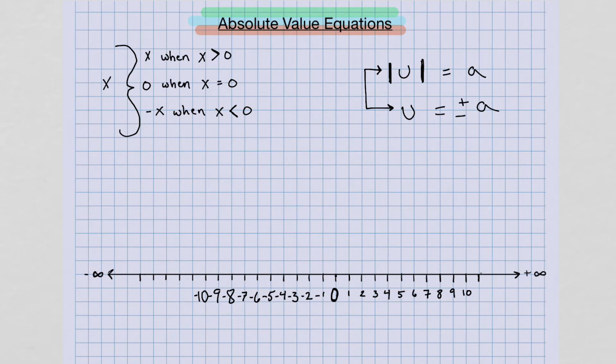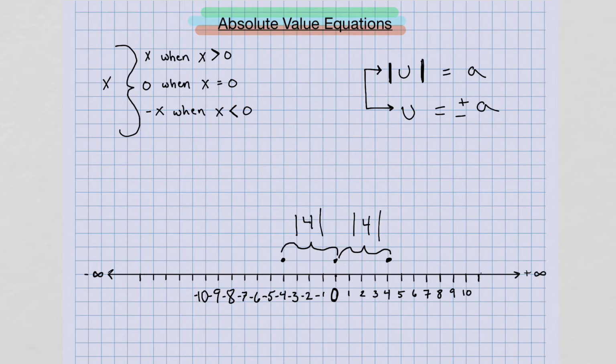Once again, going back to our number line, let's say that I'm starting off at 0. Here's +4. Here's -4. The absolute value of this distance from 0 to -4 is just going to be 4. Same thing here, from 0 to +4, the absolute value is 4.